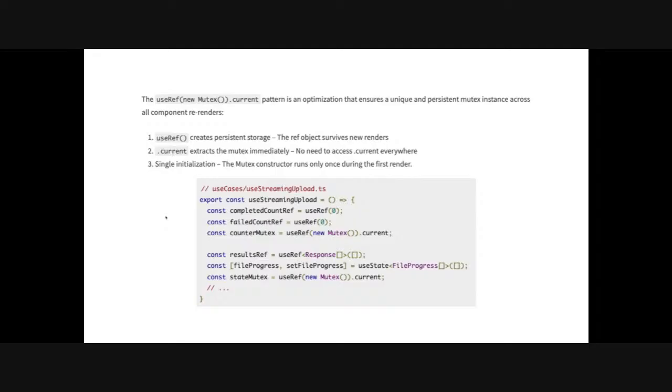Also, we want to have a file progress on each phase, because for the user it will be, oh, okay, my file is almost uploaded. And we want to share that with the streaming upload as a whole, not for each process.